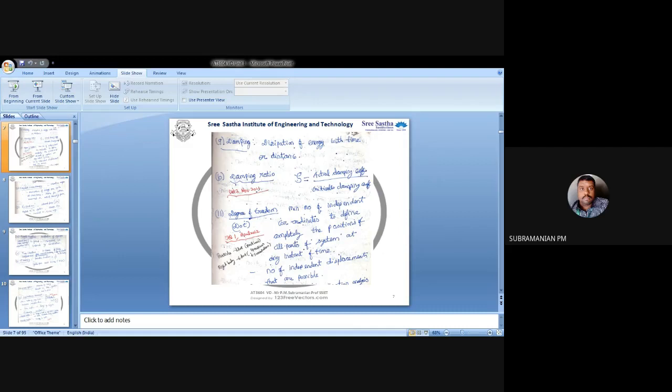And we can see the main thing, that is a mass and a spring. That is, when I keep a mass on a spring, the mass will move down. So that deflection will be what? Static deflection. And if you are going to write the equation, what are the forces acting on the mass?